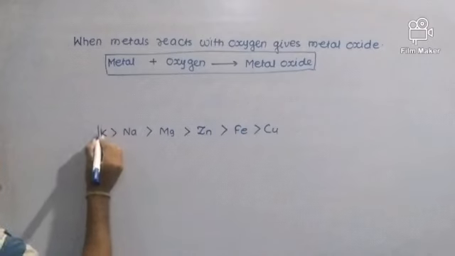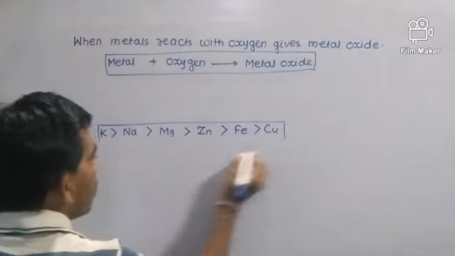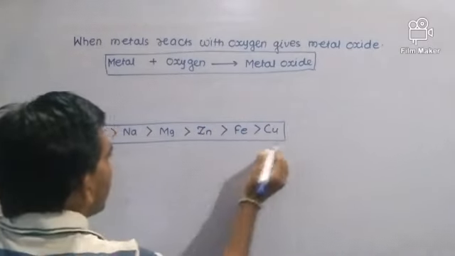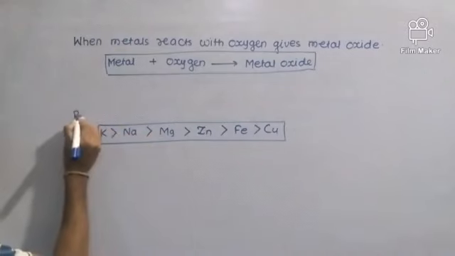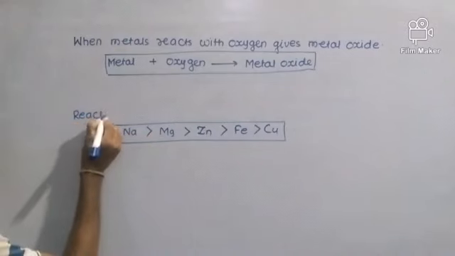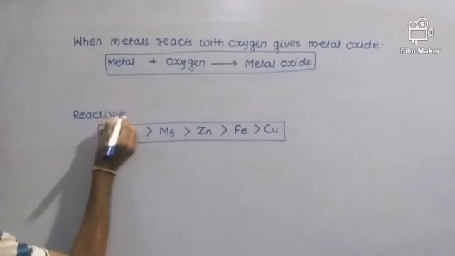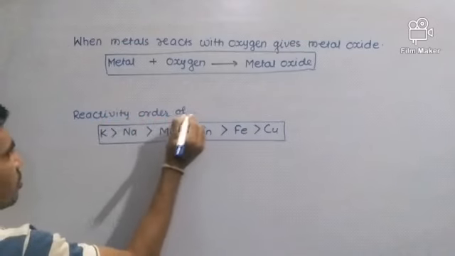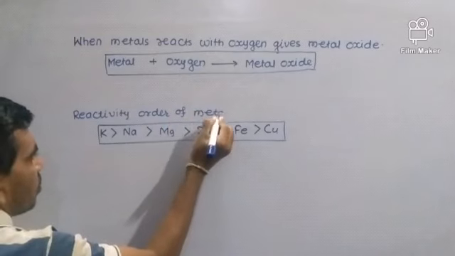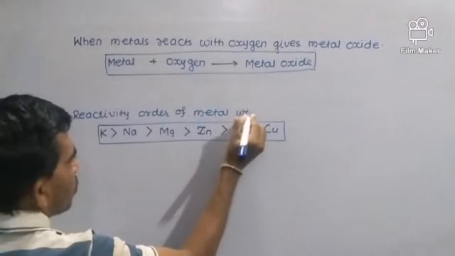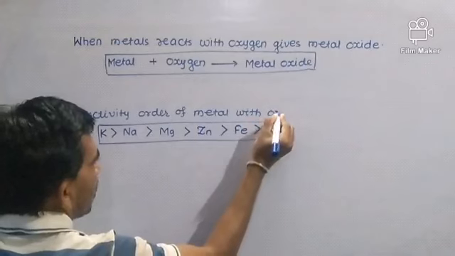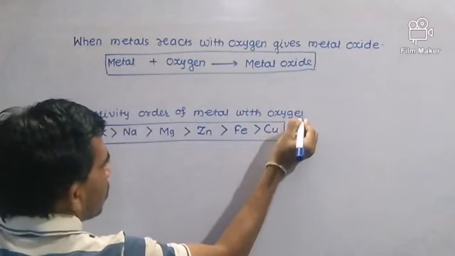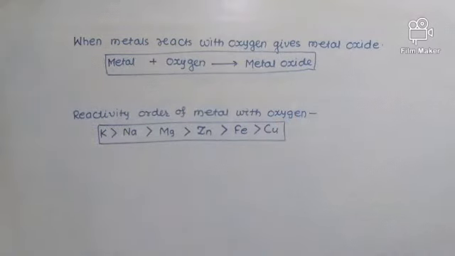So this is the reactivity order of metals. हम इसके लिए लिख सकते हैं reactivity order of metals with oxygen. So this is the reactions of metals with oxygen.